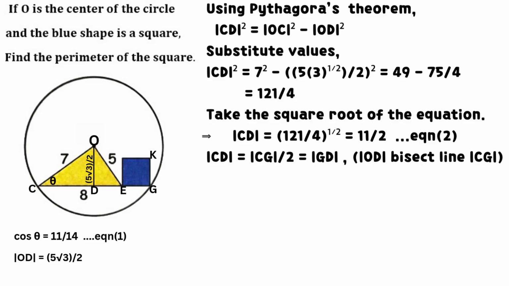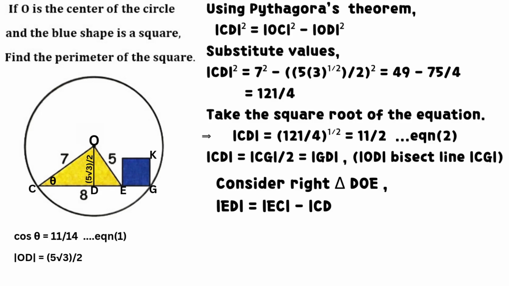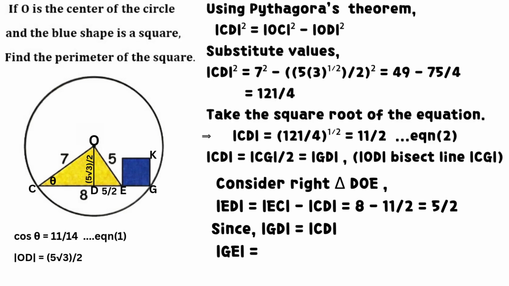But line CD equals half of line CG, which equals line GD. This is because OD is a line bisector of line CG. Consider right triangle DOE.